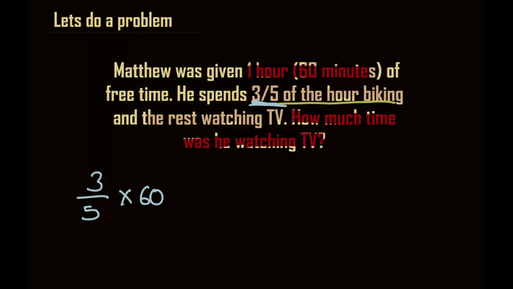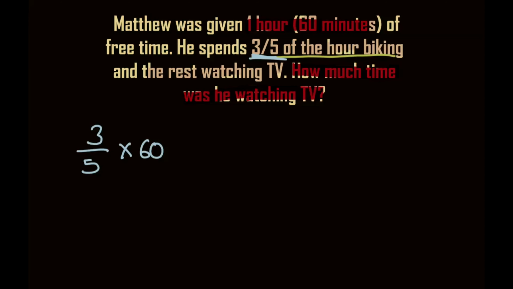Why are we doing 3/5 times 60? Because we need to find how much time he was biking to find out how much time he was watching TV. That means we have found our hidden question: how much time was he biking? So that's what we're going to write down. Hidden question.